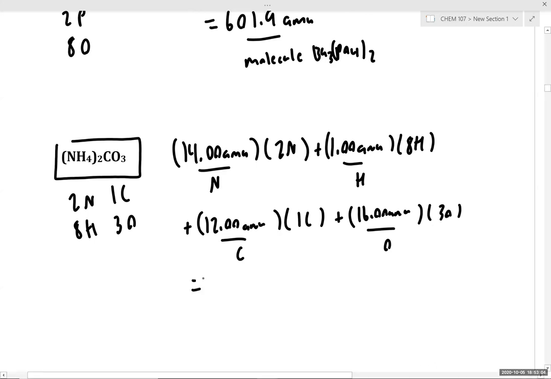So punching this into our calculator, we have 14 times 2 plus 8 plus 12 plus 16 times 3, and that gives us a molar mass of 96.00 AMU per molecule of ammonium carbonate.